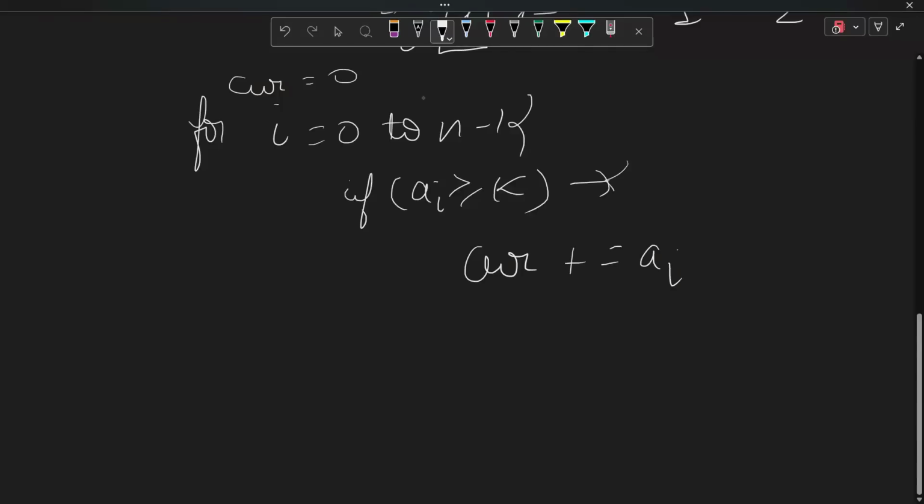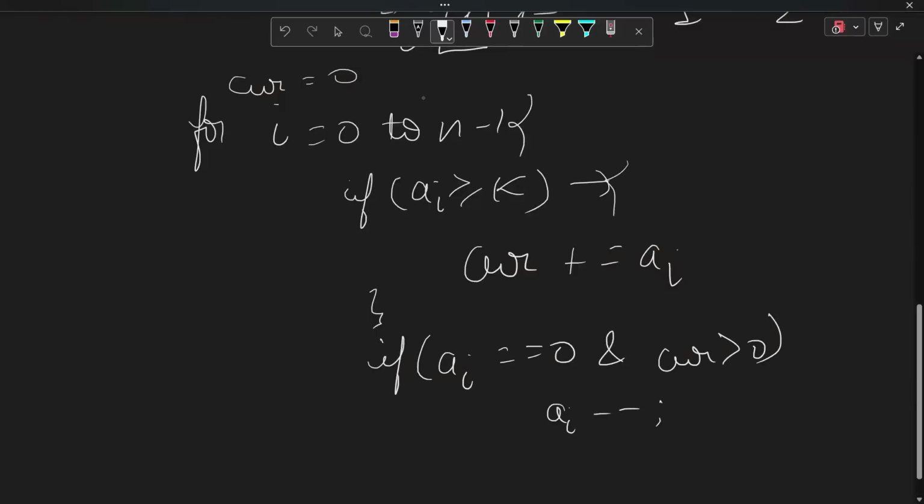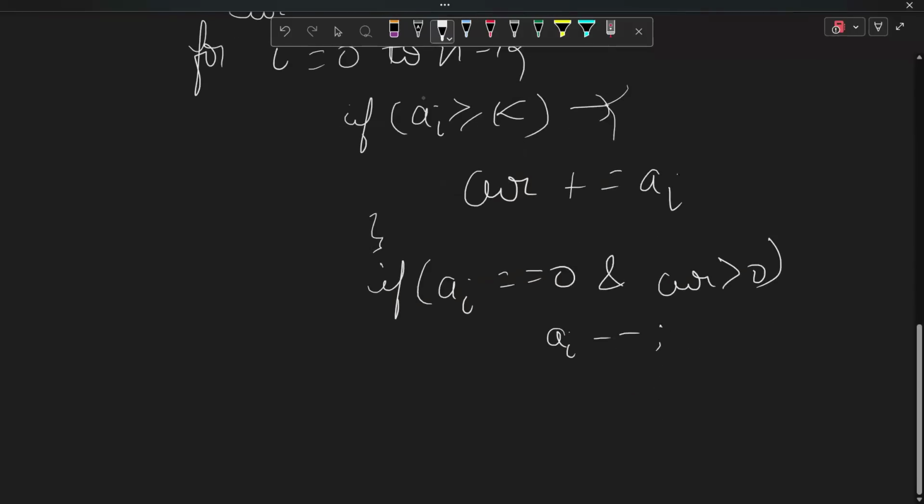And if Ai is equal to 0 and Robin has some gold, so current is greater than 0, then we increase Ai, though it doesn't matter, and we decrement current, the number of gold that Robin has, by 1, and our answer is incremented by 1.